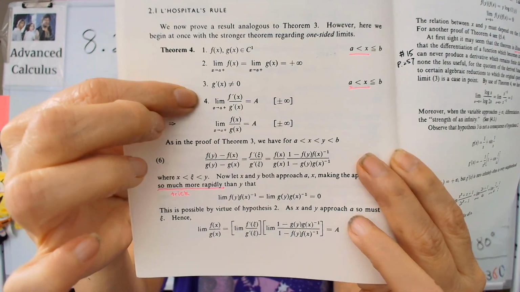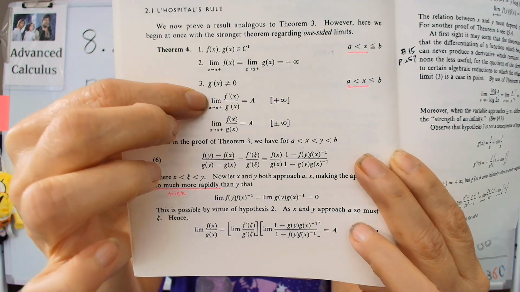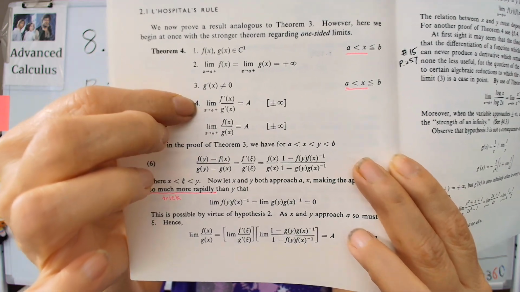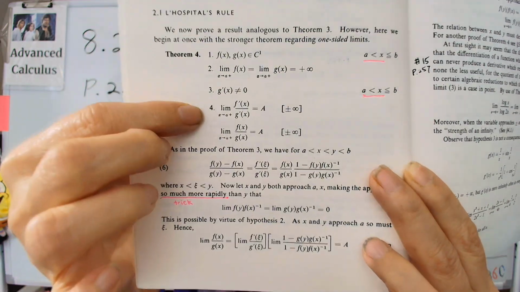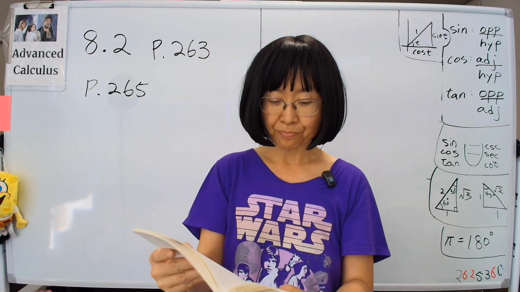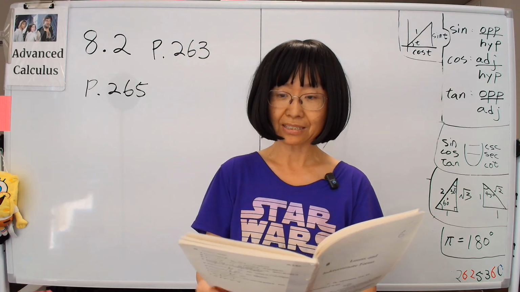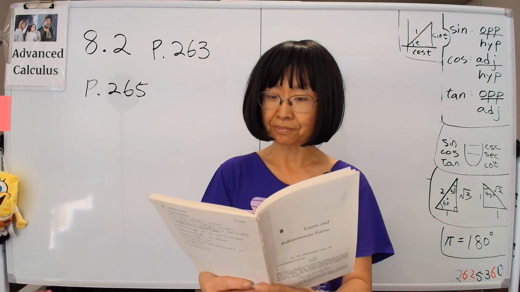If it doesn't exist, the theorem doesn't apply. In this case it doesn't exist, so we can't use it. But we can still calculate the limit some other way, a fairly simple way too.